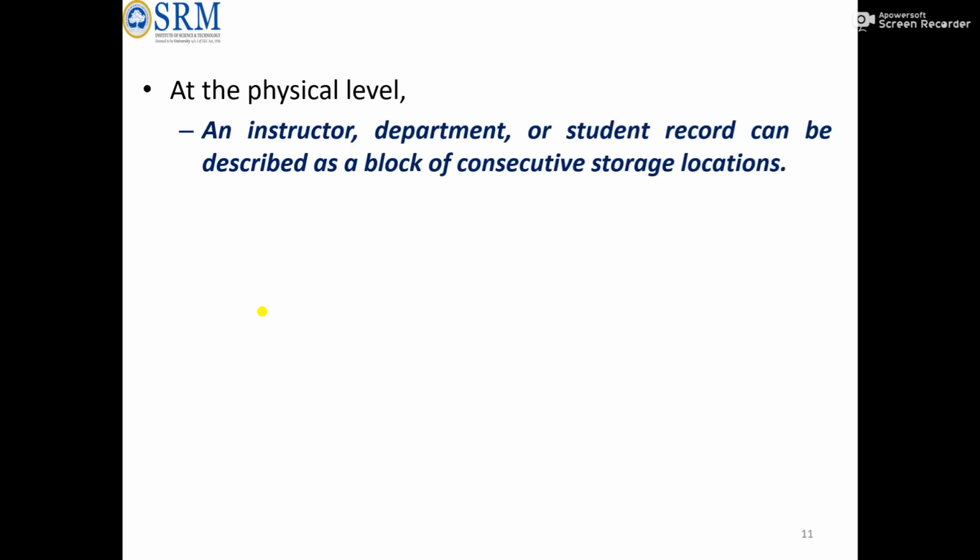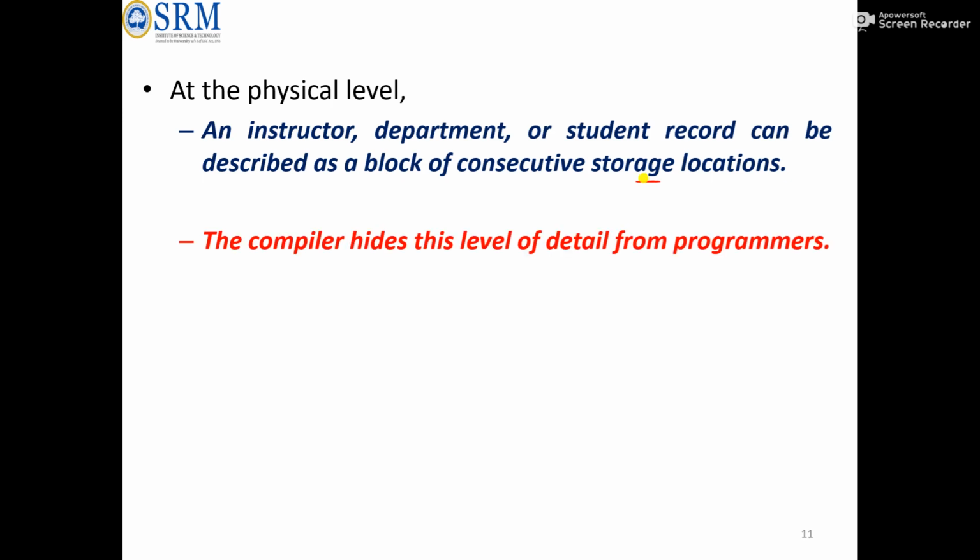Alright. Now at the physical level, the physical views: whatever records we have seen, how are they stored in the storage location? The physical level defines how they are stored.